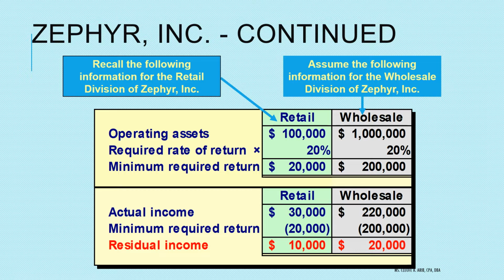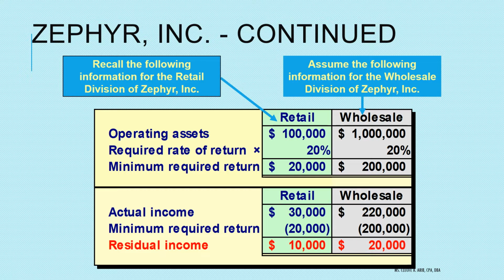And then, if we recall again, the required rate of return ng Zephyr for the investment centers is 20%. So for retail, yung amount nun is 20,000, yun yung kanyang nire-require na return, while for wholesale, the minimum return that is being required by Zephyr is 200,000.